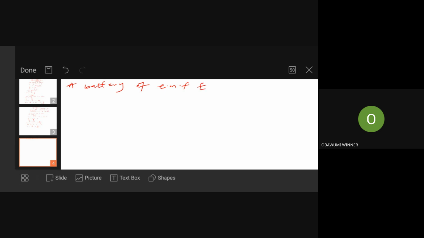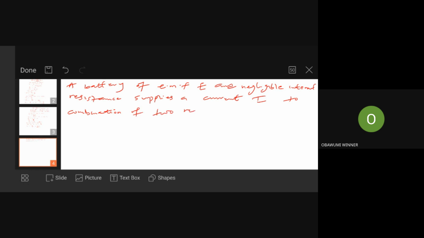With EMF E and negligible internal resistance, supplies a current I to combination of two resistances R1 and R2 as shown in the diagram below.